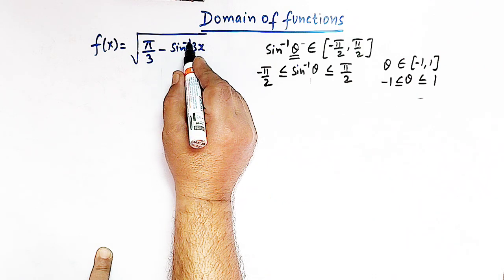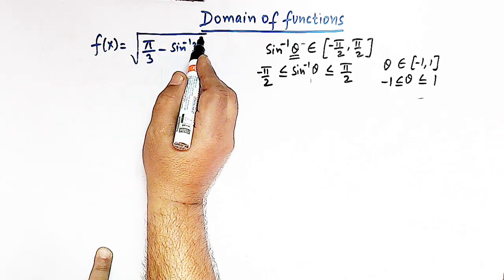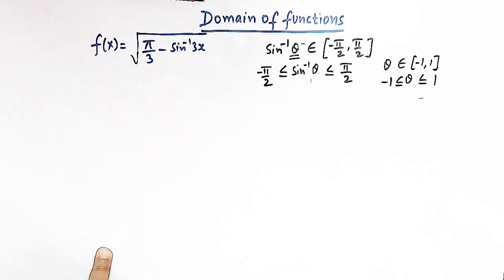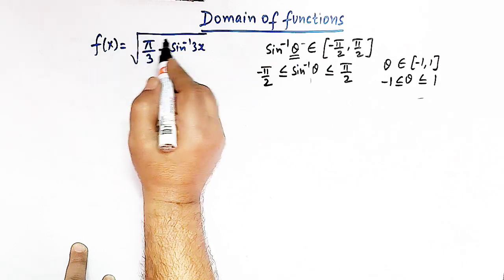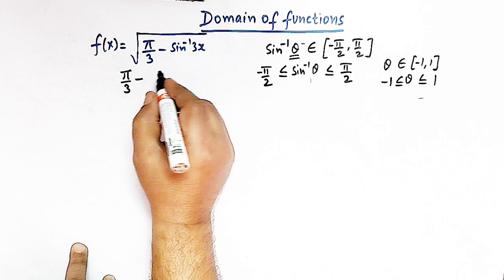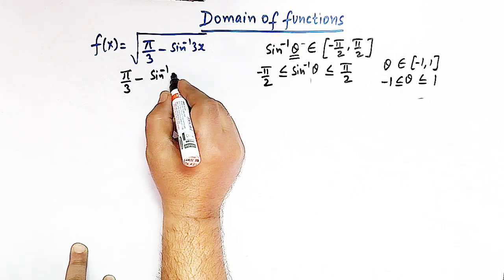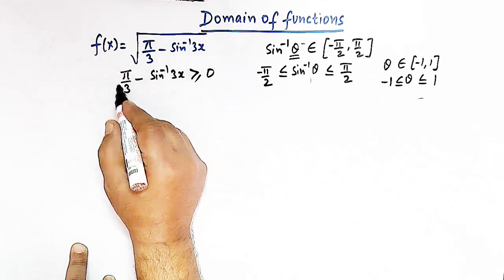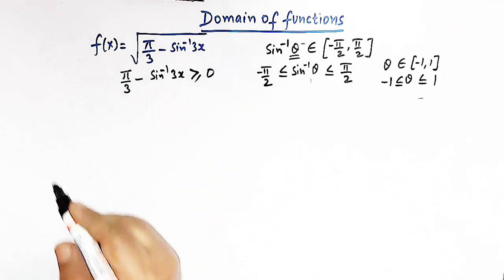So here we have a sine inverse 3x, and we have the square root sign. In order to get the domain of this function, the first condition is that this quantity under the square root sign must be greater than or equal to 0. That is, pi over 3 minus sine inverse 3x should be greater than or equal to 0, or in other words, this quantity must be positive or 0.